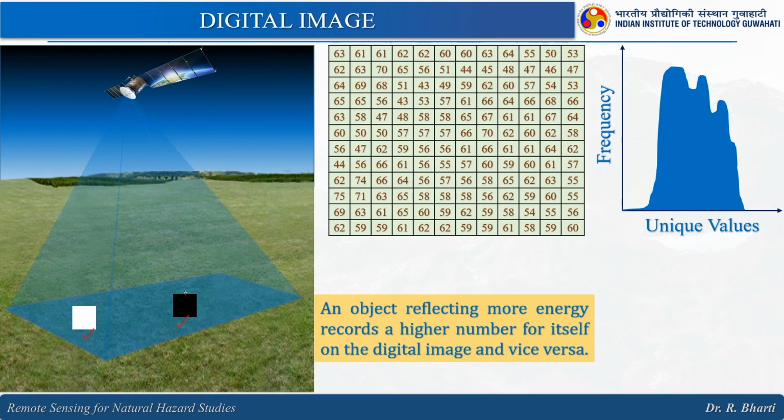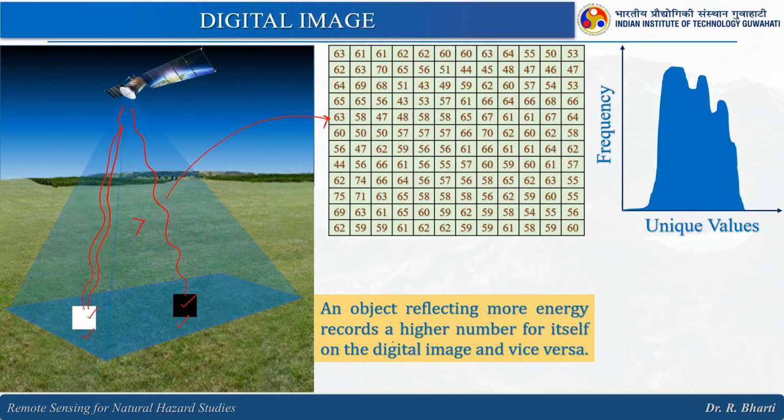So definitely the reflected energy reaching the sensor will have different numbers, because the energy from the bright object will be higher than the dark object energy, right. So this will be very clear in your digital number. When you see the matrix, you will find the value corresponding to this particular object will be higher than this, right.